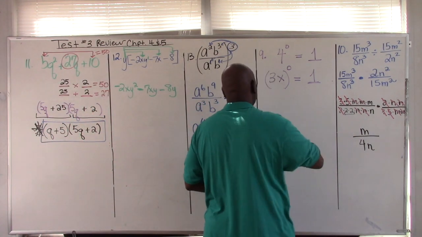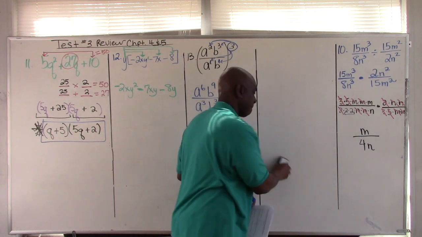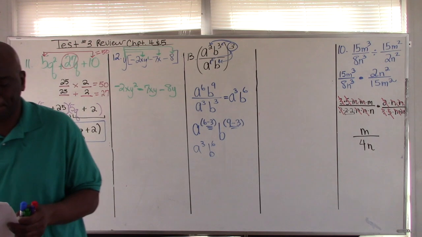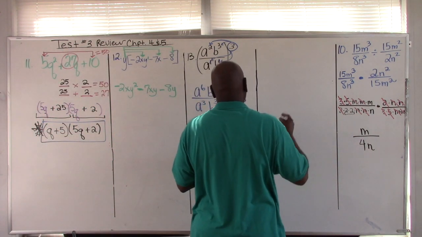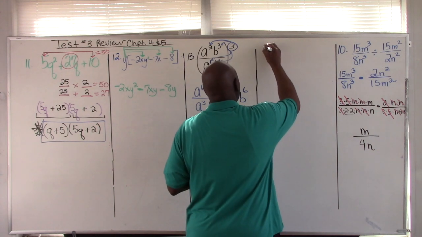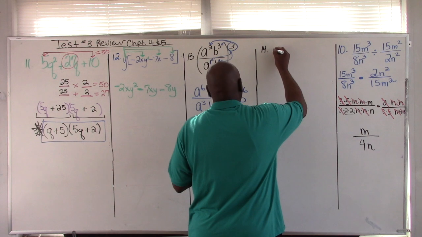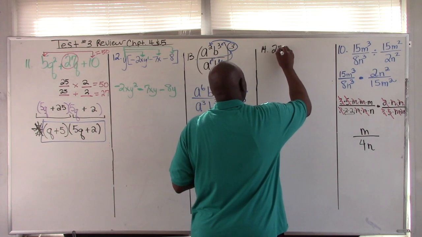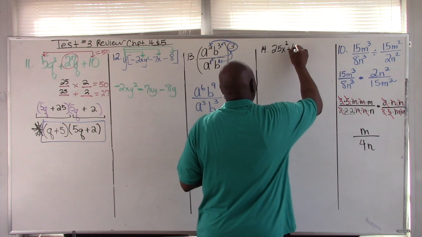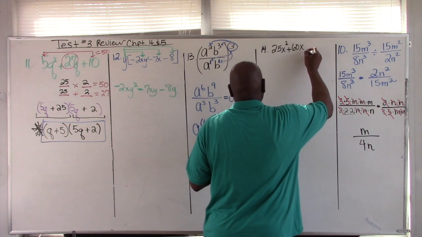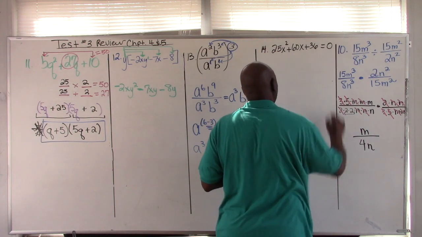14. 25x cubed plus 60x plus 36 equals 0.